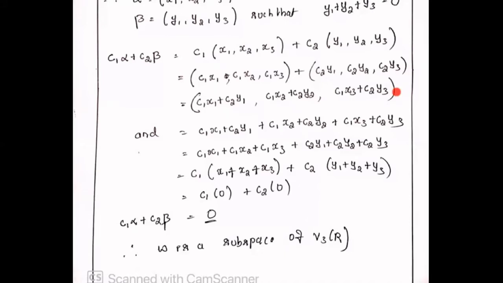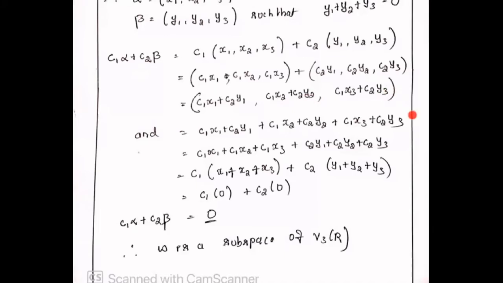Then obviously you know the condition of this vector: x1 plus x2 plus x3, the sum of all the components, should be equal to 0. If the sum becomes 0, that means this also belongs to W. So that's why I'm adding all these three. I wanted to check whether the sum of these three components is 0.